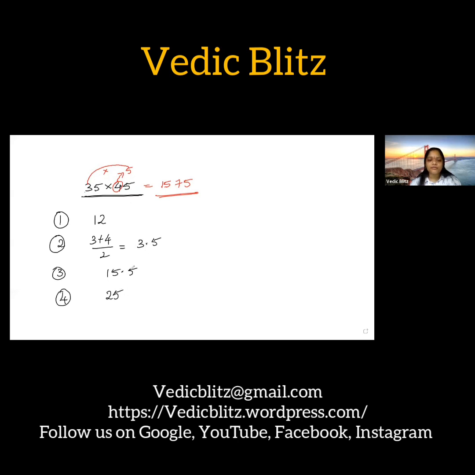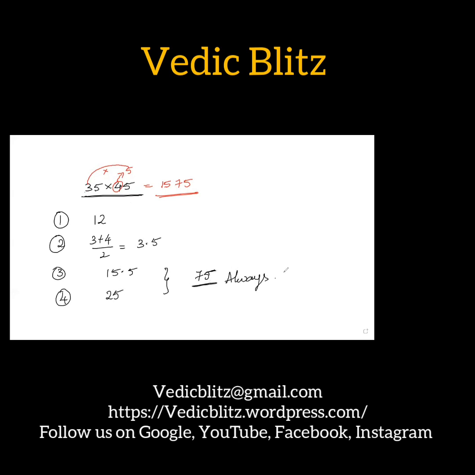When you keep this 0.5 towards your right hand side, you will always get 75. Thank you, ma'am. So to explain this, I have told that technique also. I hope your doubt has been cleared, sir.